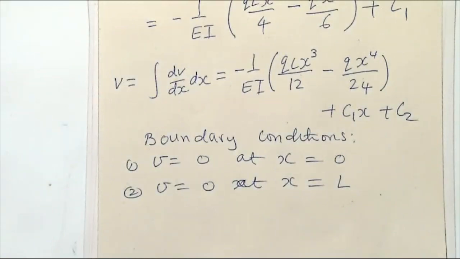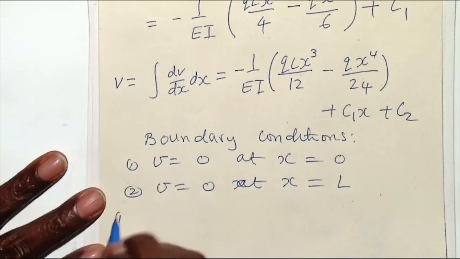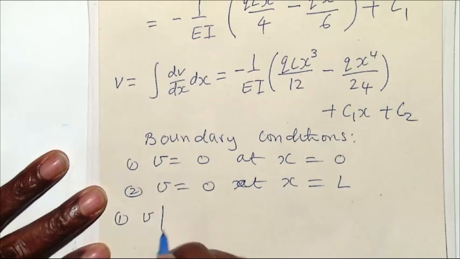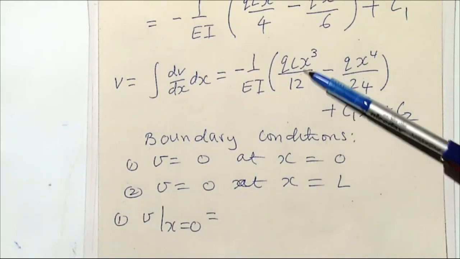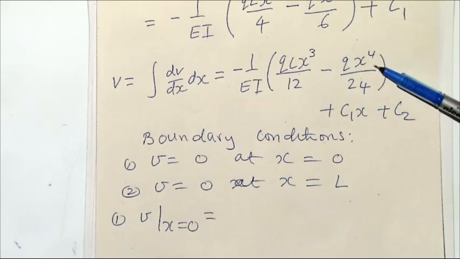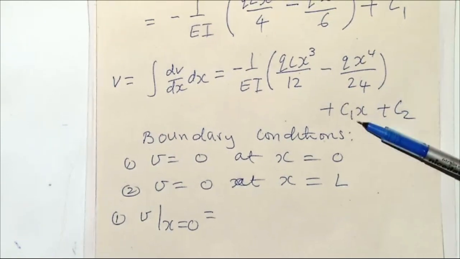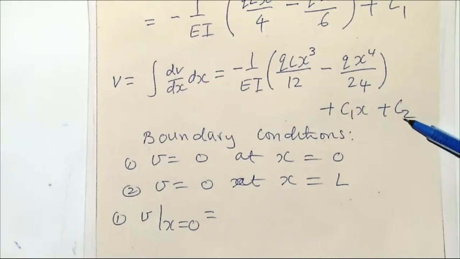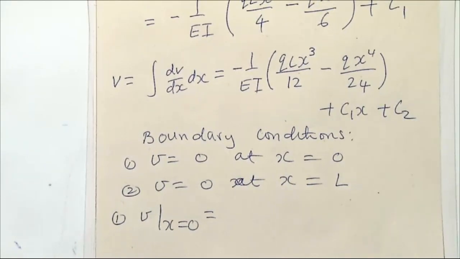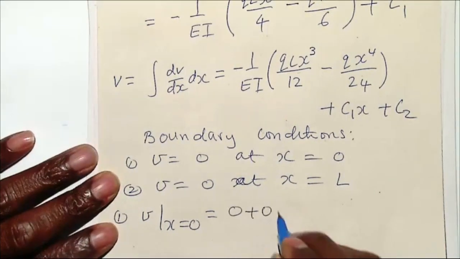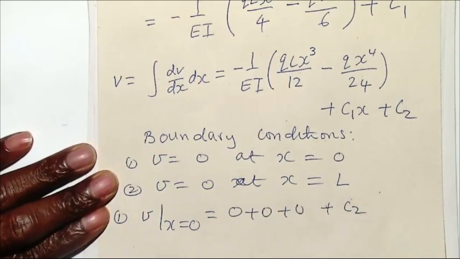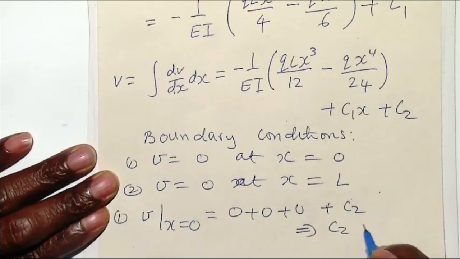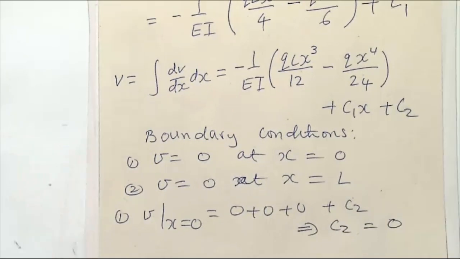So that's our V. So V at X equals 0 equals, that would be 0, that would be 0, that would be 0, and we have C2. So I have 0 plus 0 plus 0 plus C2. What that means, therefore, is that our C2 equals 0.